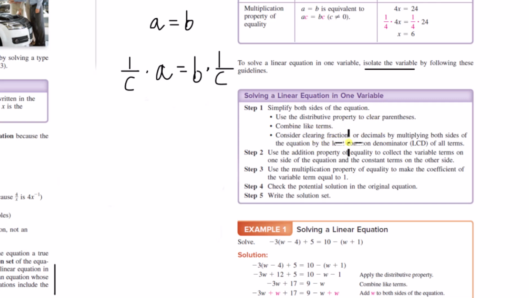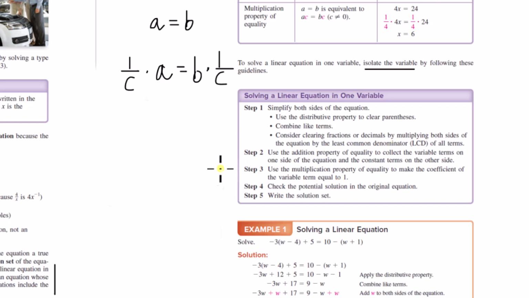Consider clearing fractions by multiplying both sides of the equation by the least common denominator of all the fractions. Then once you've simplified both sides, you use the addition property of equality to collect the variable terms on one side of the equation and the constant terms on the other side. Then you use the multiplication property of equality to make the coefficient of the variable term equal to 1.